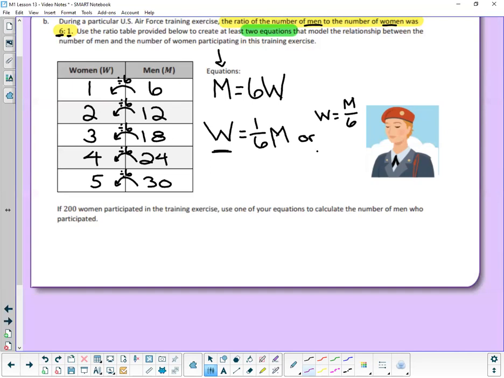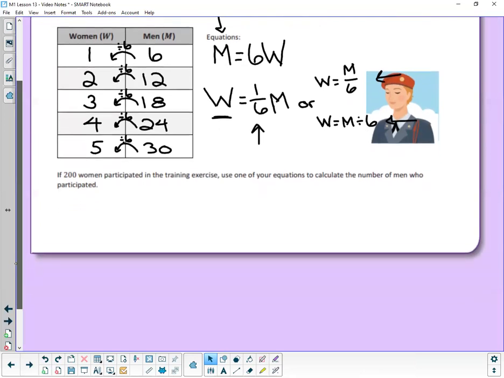If you were to write the number of women is the number of men divided by 6, I will accept that as well for now. So I will accept any one of these 3. Remember, best, good, sorry to write all over you, ma'am. So this would be good, this is better, that's the best.